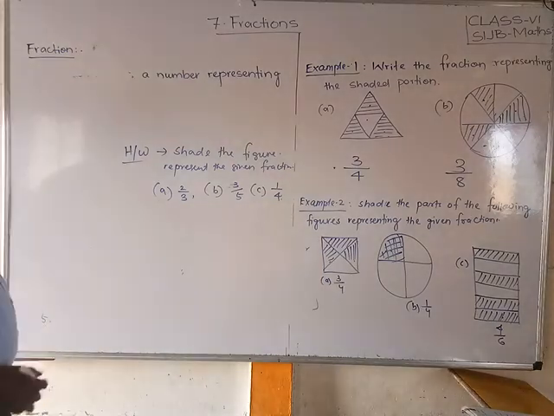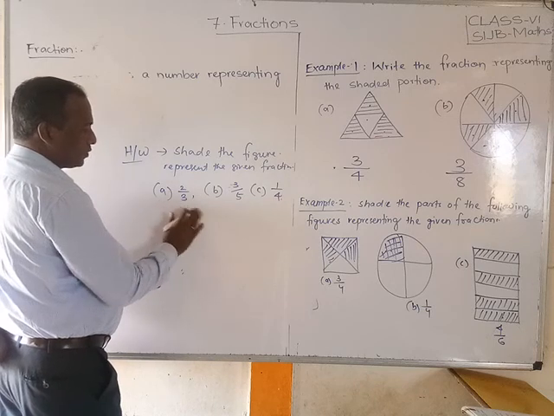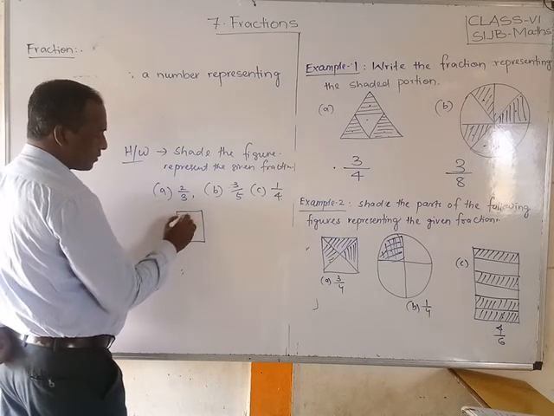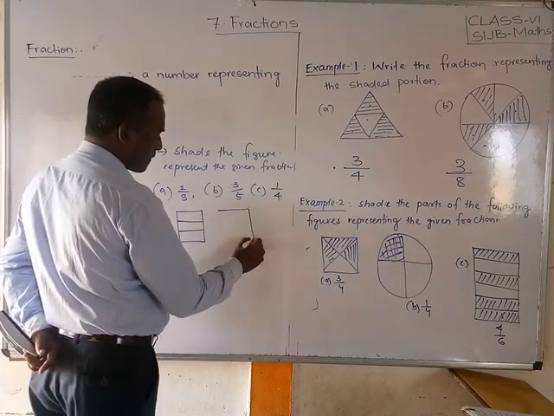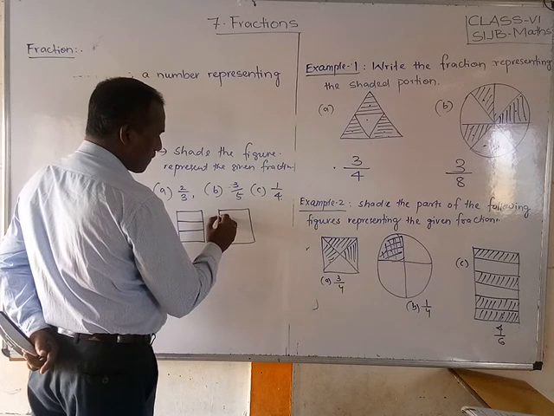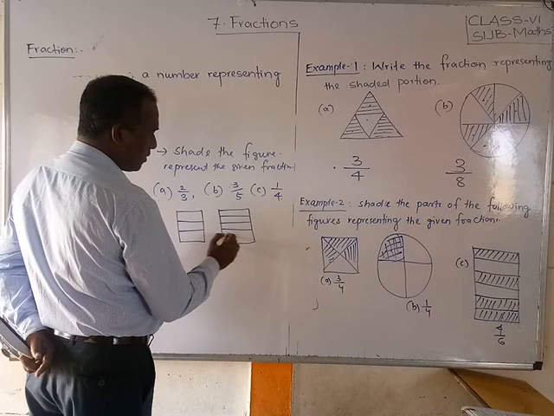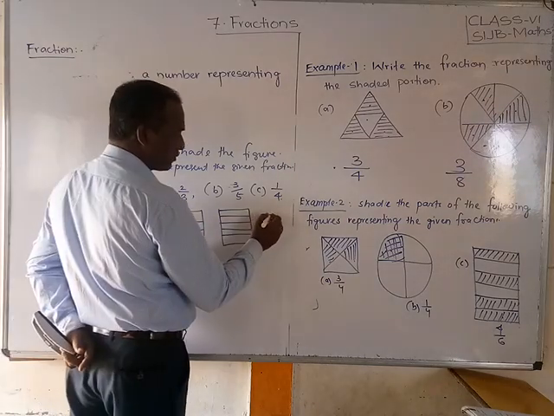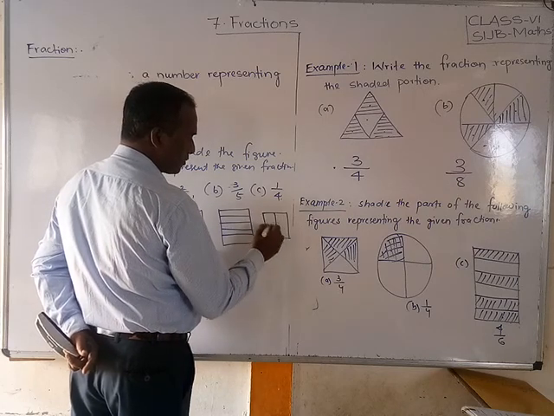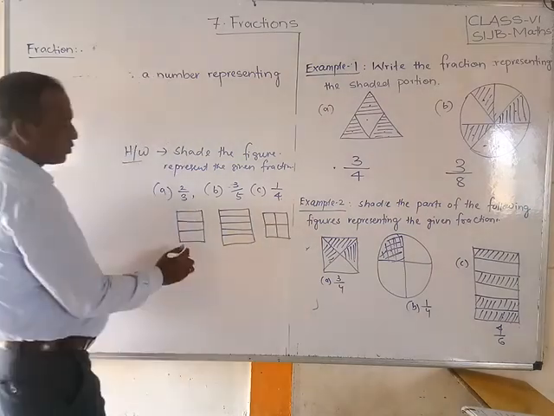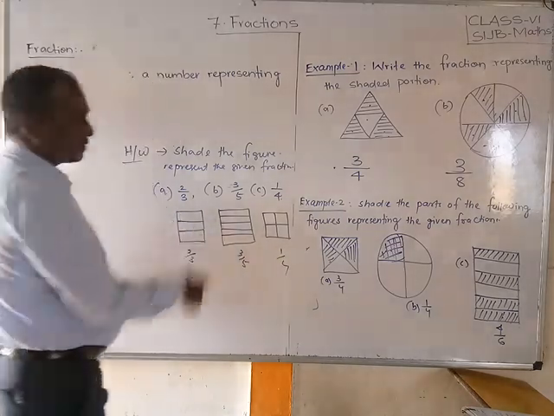In this figure you have to draw. That means you have to make the figure. Also, if you want, this is one figure. So this is 2 by 3, this is 3 by 5, and 1 by 4. You have to make the shaded portions.